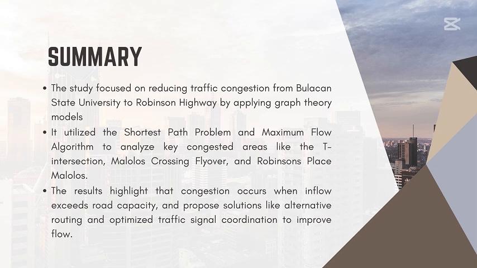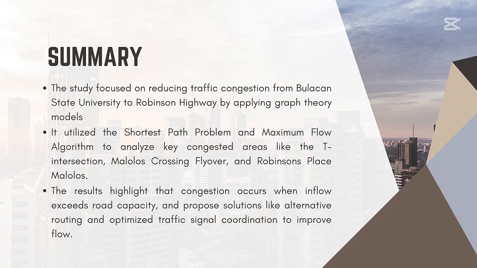It also used the maximum flow algorithm to determine the capacity limits of key road segments. These methods were applied specifically to high traffic areas such as the T intersection near BSU Malolos, Malolos Crossing Flyover, and Robinson's Place Malolos.